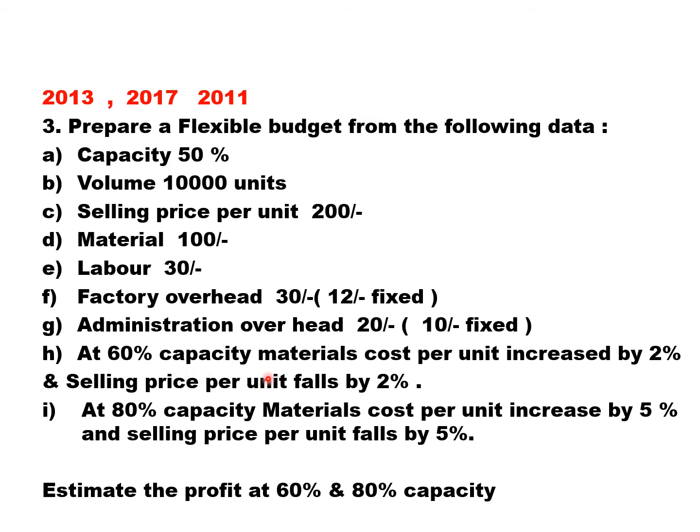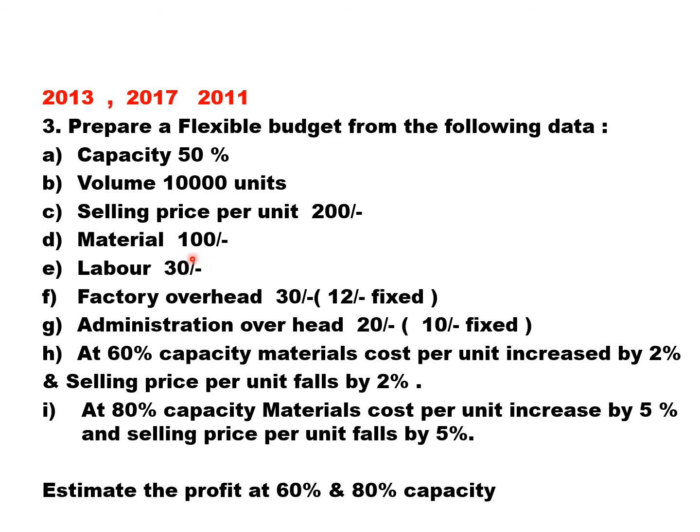At 60% capacity, material cost per unit increases by 2% and selling price per unit falls by 2%. Currently the industry manufactures at 50% capacity. If they increase the capacity to 60%, the material cost per unit will increase by 2%.